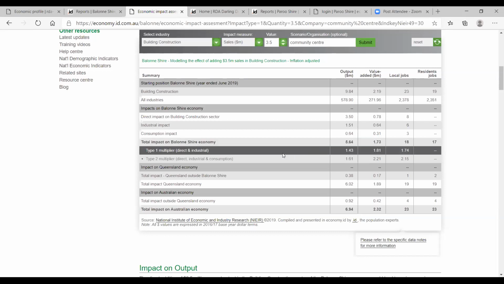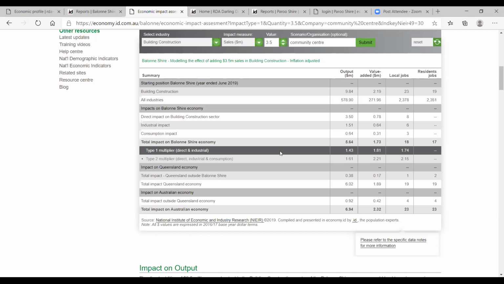Okay, this here, this type 1 and type 2 multiplier are numbers or multipliers that talk to me about how this money moves through the economy. These multipliers will be dependent upon what your average salary is in the construction sector. It will also be around how people spend their money in this community.